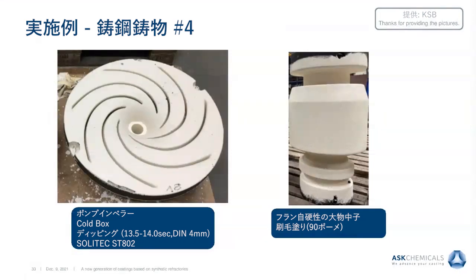And here's another case study. Thank you very much, KSB, for providing us with the pictures. We see a pump impeller made out of cold box, and this was dipped in a Solitec ST802 with a viscosity of 13.5 to 14 seconds, and a large furan Novabond core, which was brushed at 90 degrees Baumé.